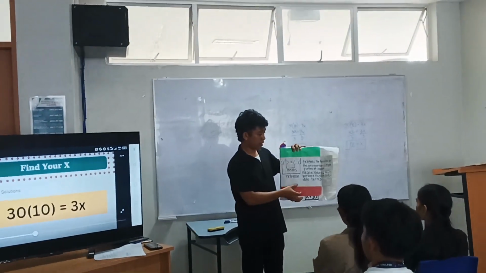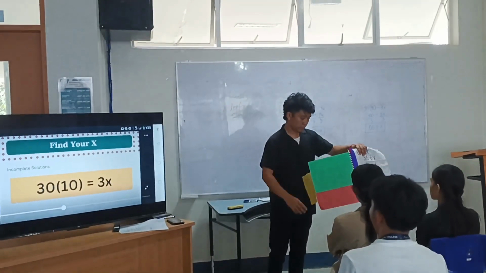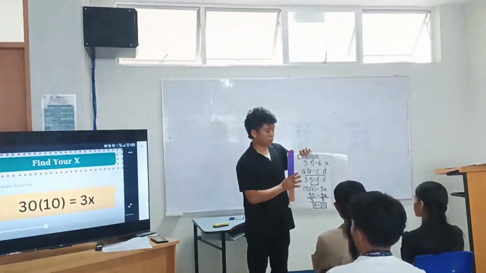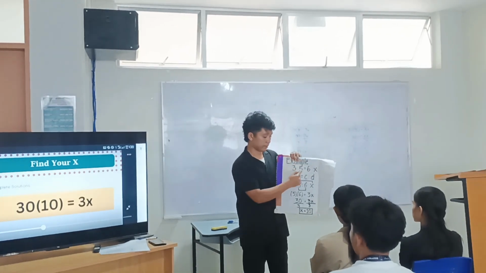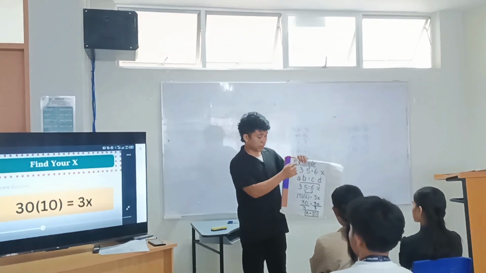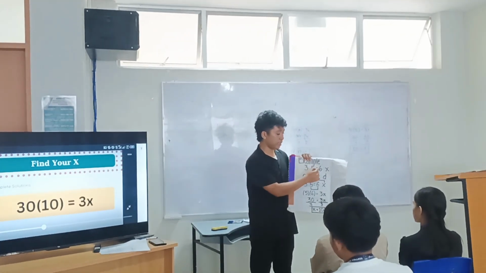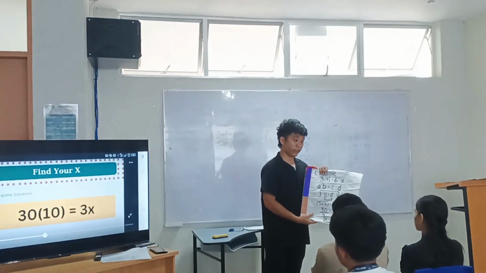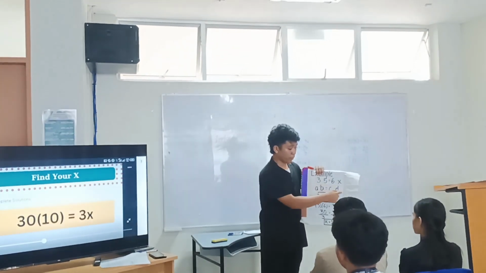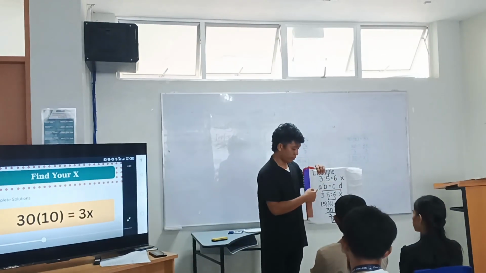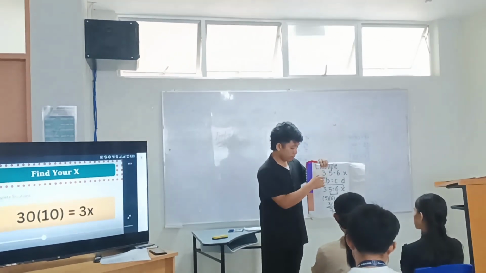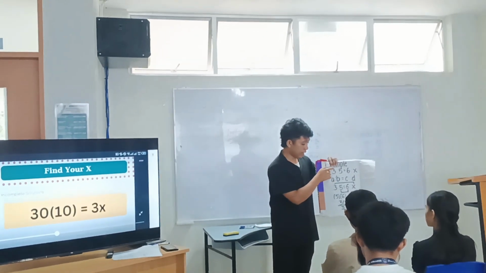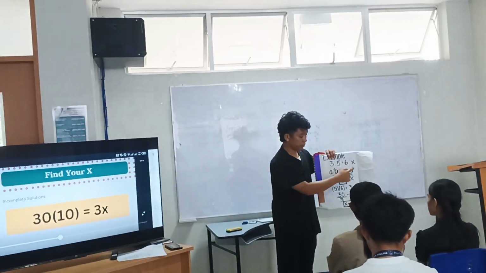So I have here an example of finding the value of x. 3:5 equals 6:x. The first step is to write the proportion in this form, and then substitute the numbers or the equation here in the proportion form.